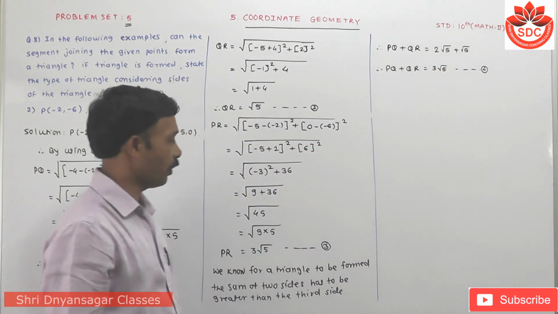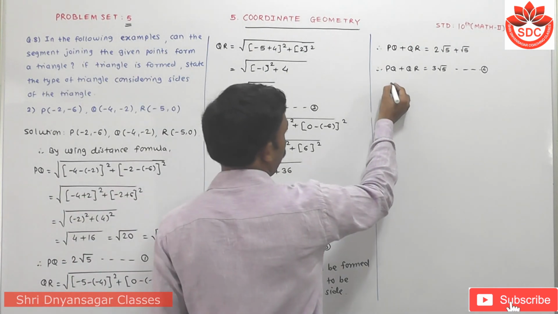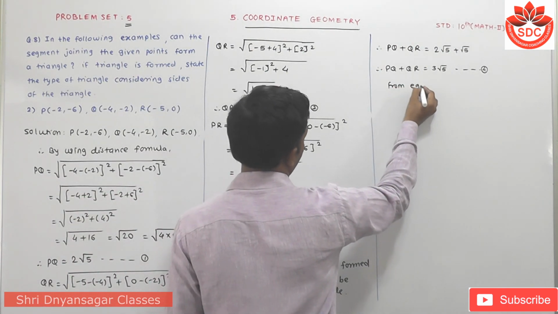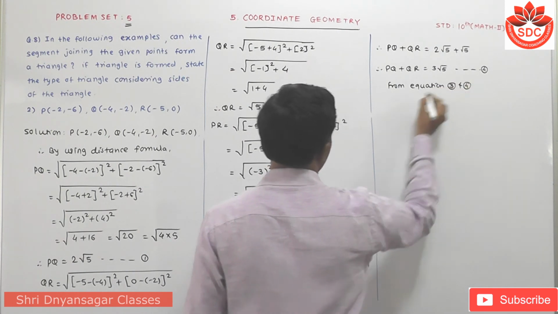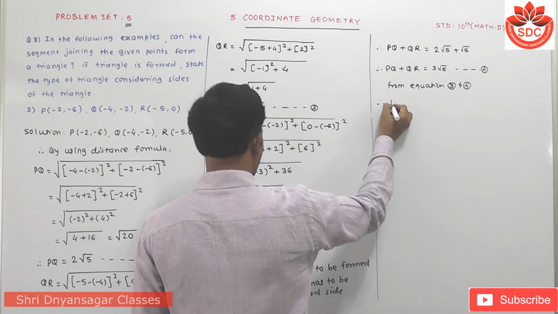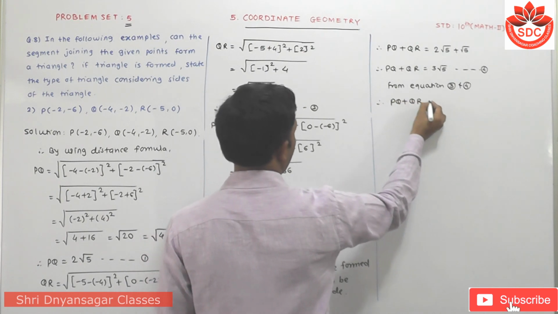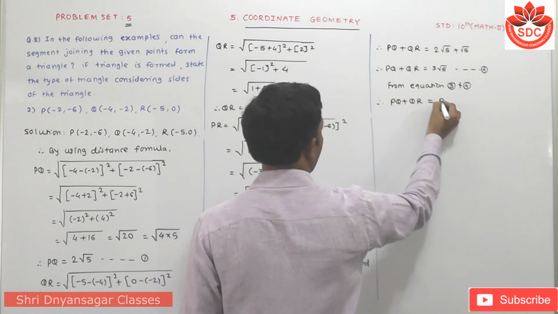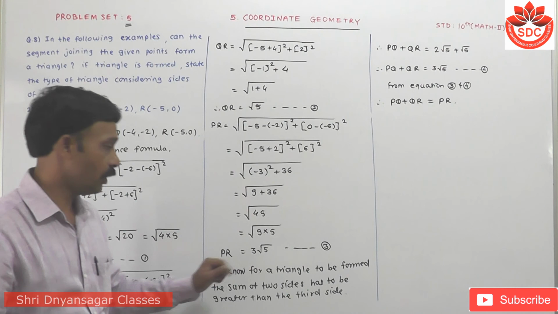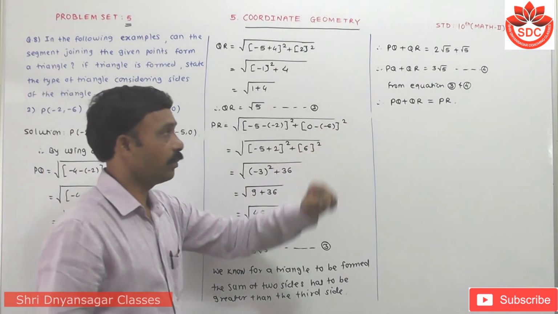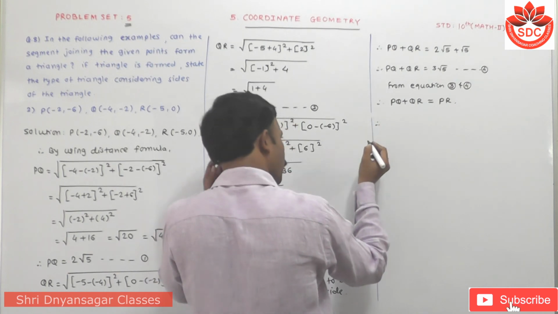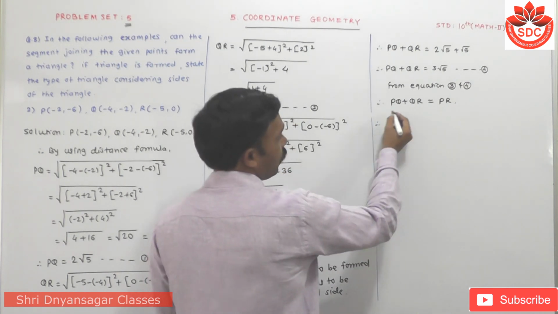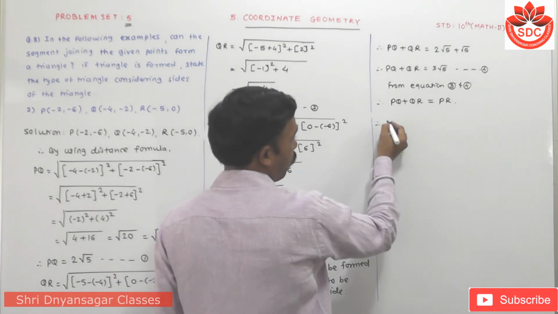Now observe carefully from equations third and fourth: these two segments mean that PQ plus QR is equal to PR. This is also 3 root 5. This means the sum of these two segments is the third one. Therefore, student, these three points are collinear.